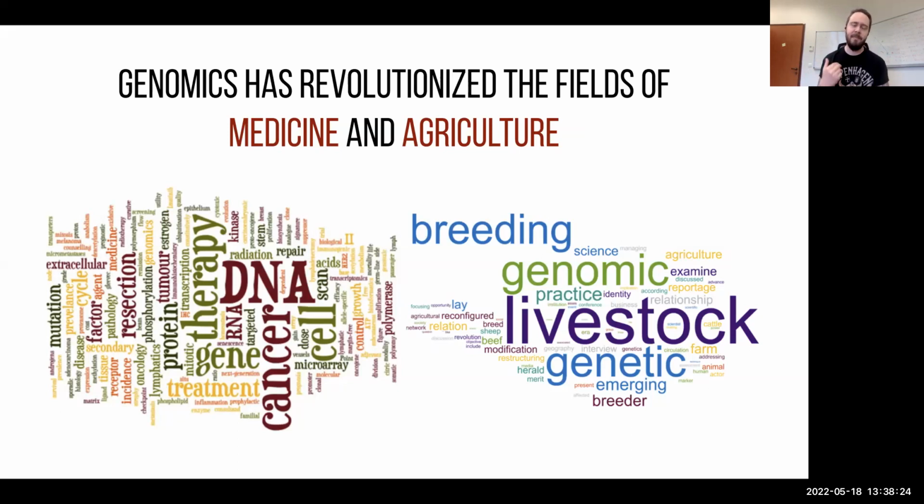So again, the field of medical genomics has been very influential in both using genomic data and also developing certain tools to analyze and understand the workings of our genome.